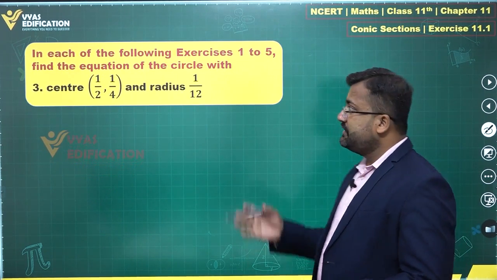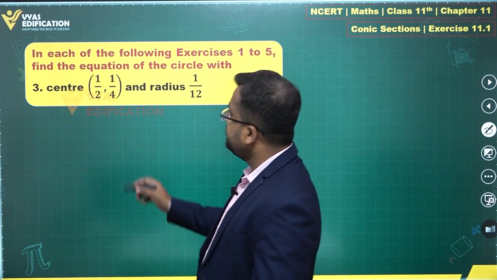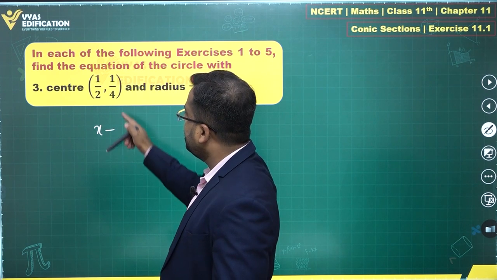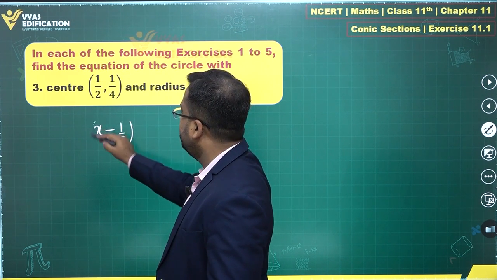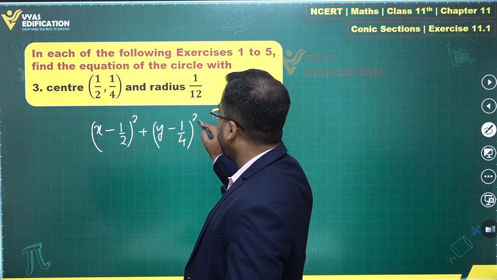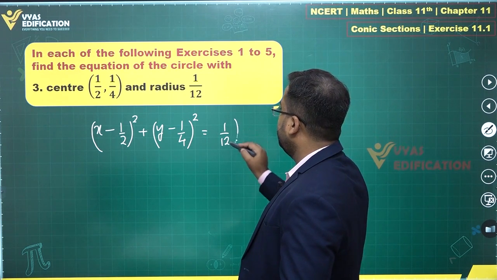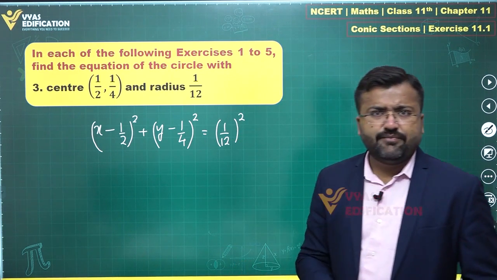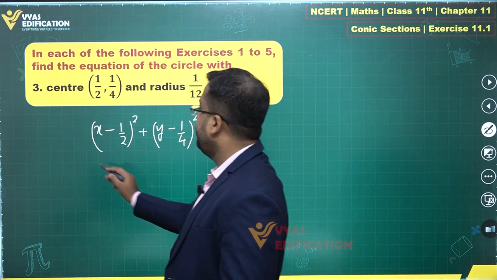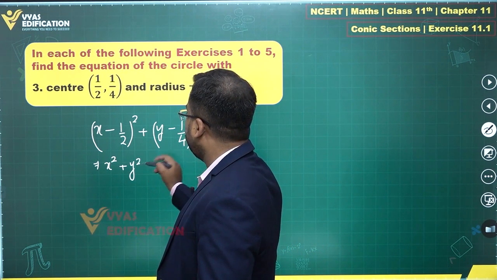The third question says, we are given the center as this and radius as this. So let's find the equation of circle. The equation of circle will be x minus h squared plus y minus k squared equals radius squared. This is what you have. Can we simplify this? Yes, we can. This is x square plus y square from here.